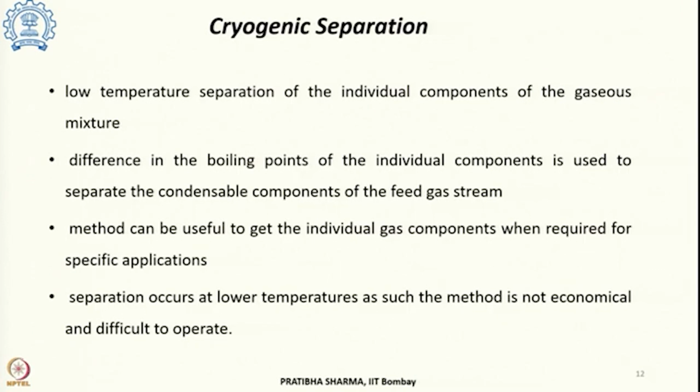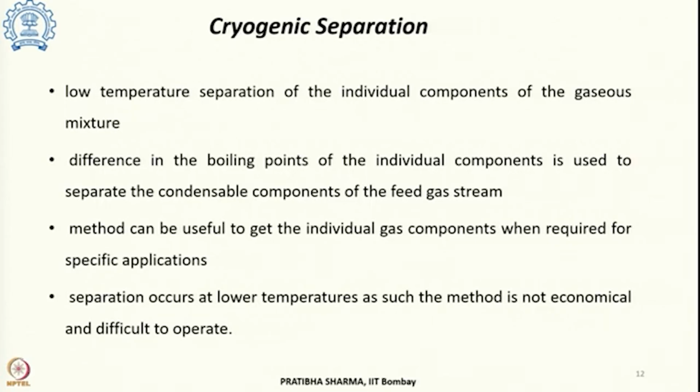The last method is based on cryogenic separation. Now, as the name itself suggests, it is a low temperature separation. In this particular method, the different components of the gaseous mixture can be separately removed, and the mechanism used is the difference in the boiling point of individual components, which is used to separate the different components of the feed stream.